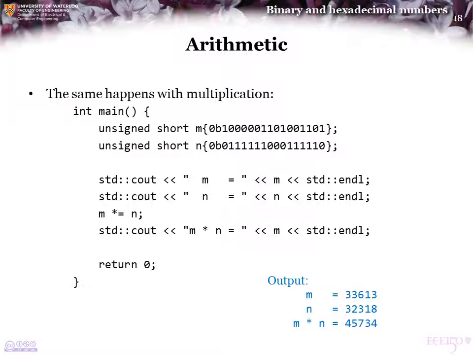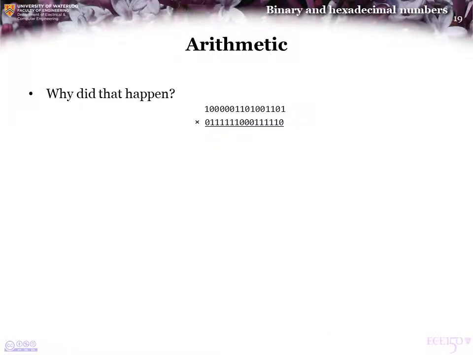Let's take these two numbers and multiply them together. And taking a look at the product, it really doesn't look like the product of those two numbers. It's only slightly larger than either one of them. Again, why did this happen? This is the product we are calculating.